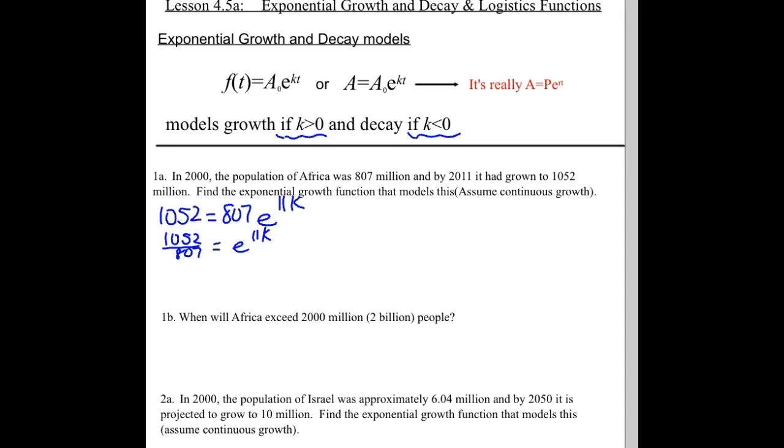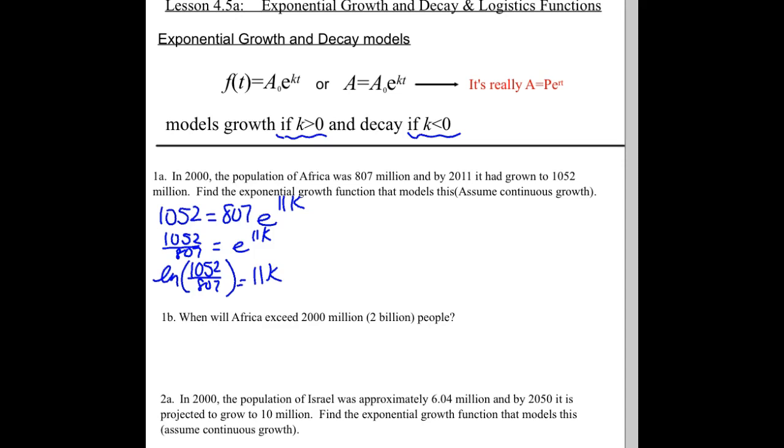What would we do next? We could take natural log of both sides. So we want the natural log of that decimal that we just had. Take the natural log of that answer. You should get something like 0.265.